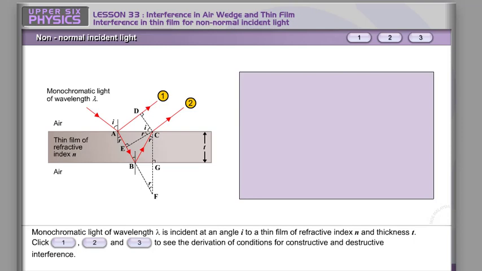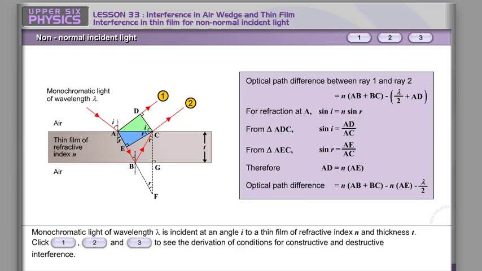Monochromatic light of wavelength lambda is incident at an angle i to a thin film of refractive index n and thickness t. Click the 1 button, the 2 button and the 3 button to see the derivation of conditions for constructive and destructive interference.